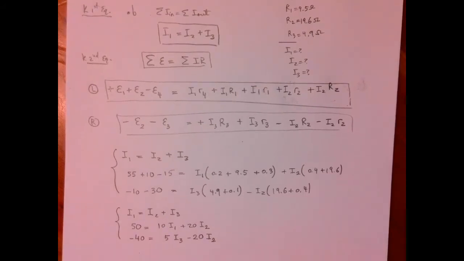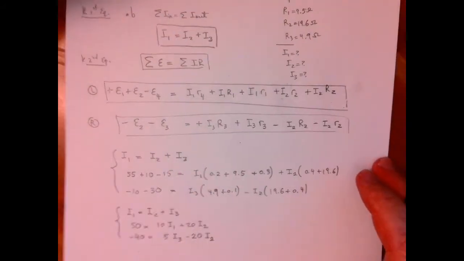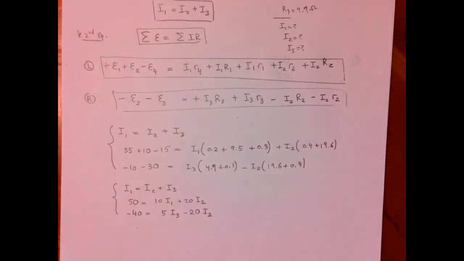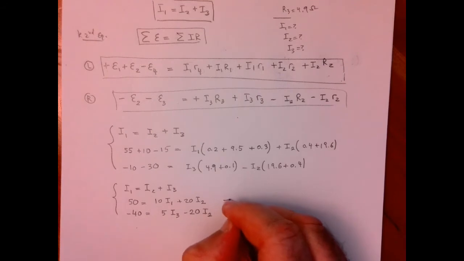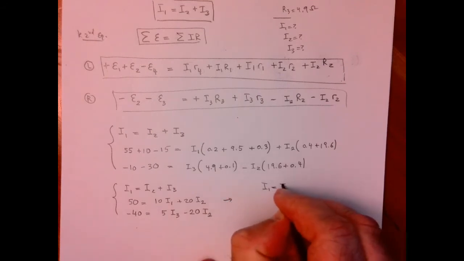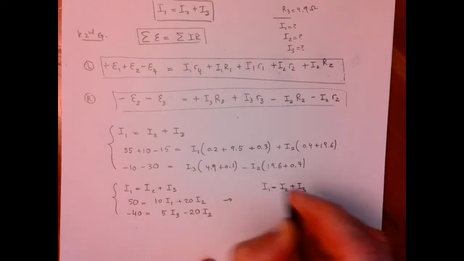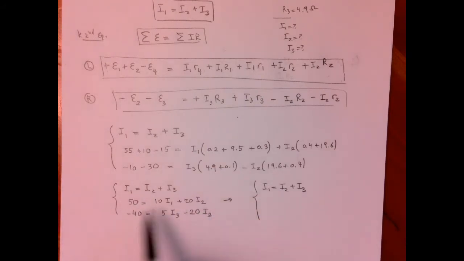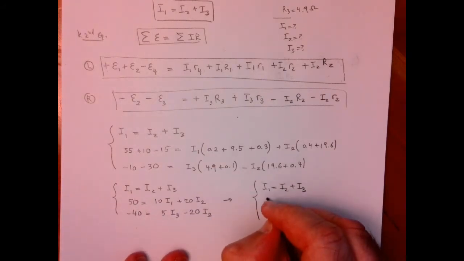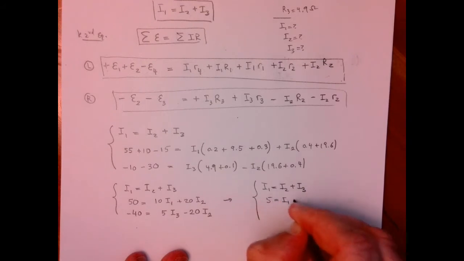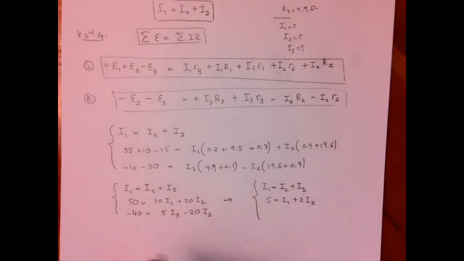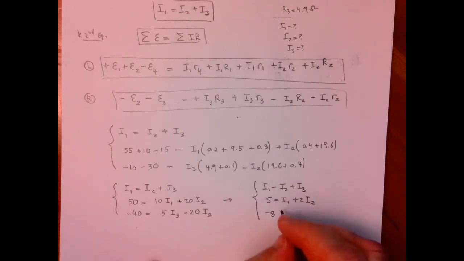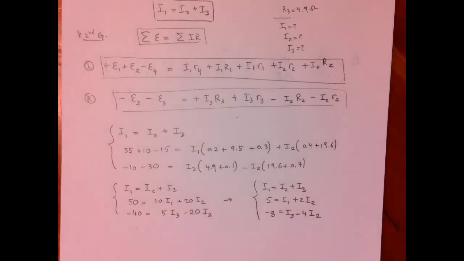In principle, we should be able to solve this system of equations, right? It is basic algebra, so I1 equals I2 plus I3 stays put. Here we can simplify by 10, so we are left with 5 equals I1 plus 2I2. And here we simplify by 5, so we are left with negative 8 equals I3 minus 4I2.